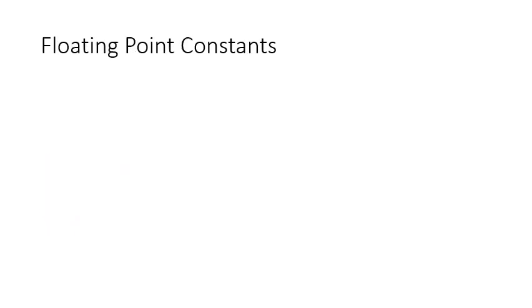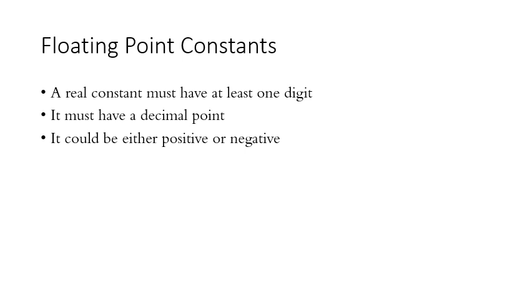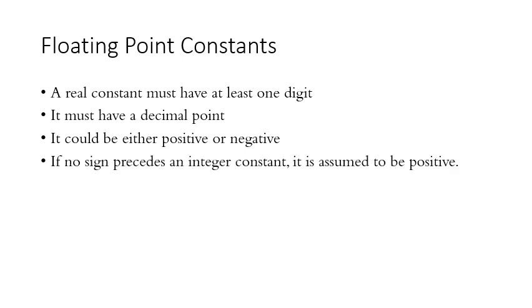We can also specify a floating point constant such as double or float. It must have at least one digit. So 0.3, 3 point, or .3 are valid, but not only a point. That will cause an error in your program. It can also be either positive or negative, and similarly, if no sign precedes a floating point constant, it is assumed to be positive.